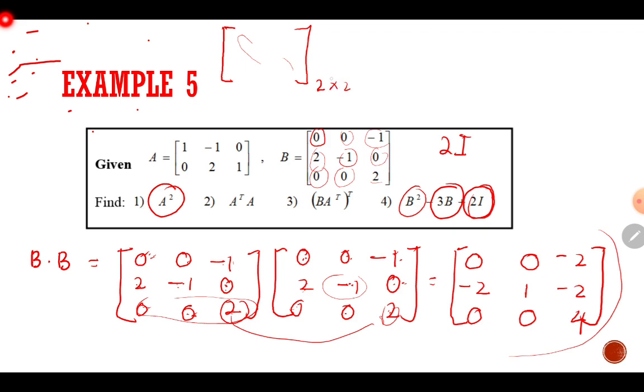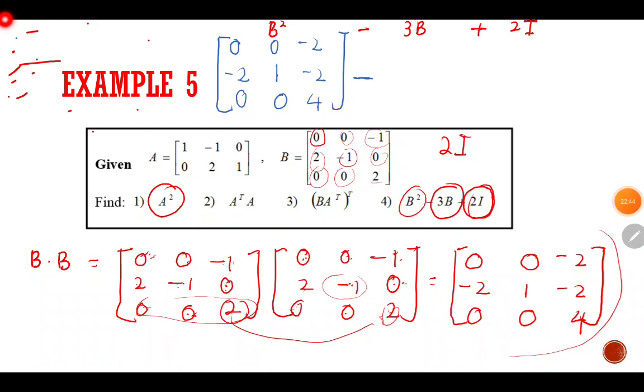It can be a 2 times 2 or 3 times 3 matrix. If it is a 2 times 2 matrix, the values are all zero except the diagonal part where the value equals 1. So here we have a 2 times 2 identity matrix. So you get 1, 0, 0, 1.